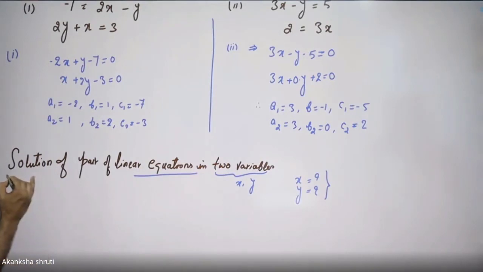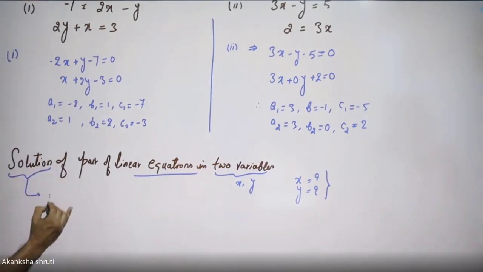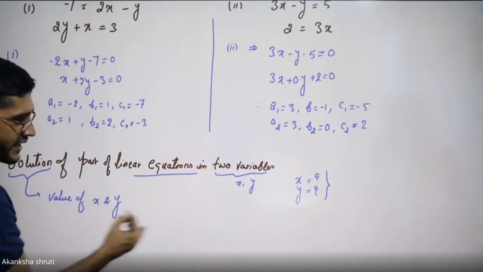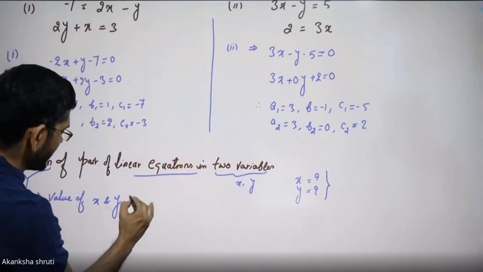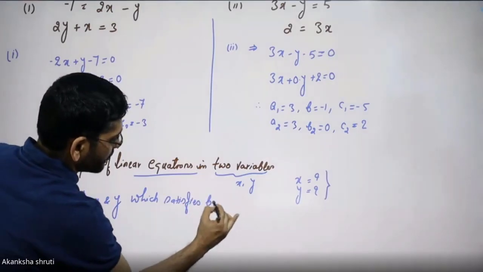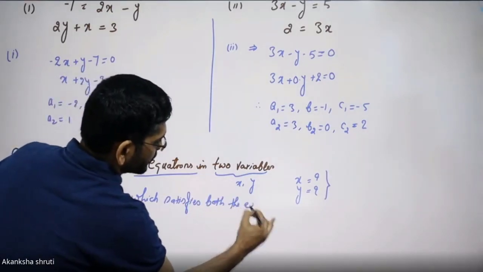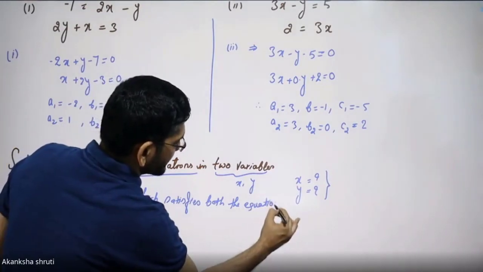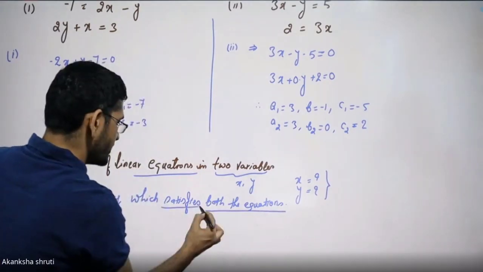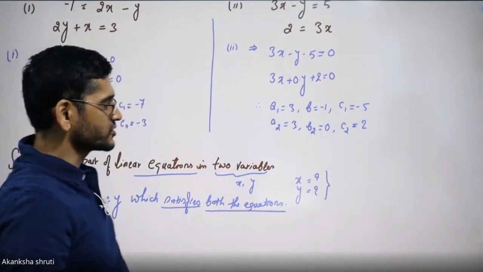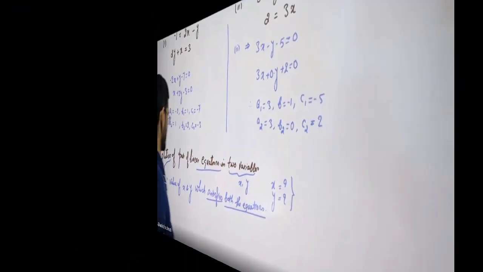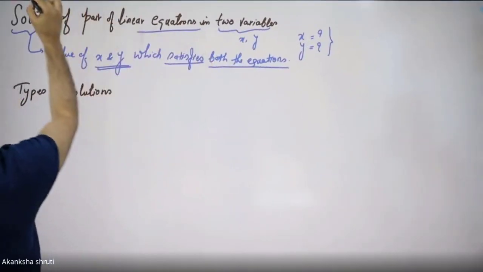So solution simply means the values of x and y, not independent but in pair, which satisfy both the equations at the same time. So both the equations must be satisfied. Satisfied means substituting the values of the variables, LHS should be equal to RHS. That is simple.